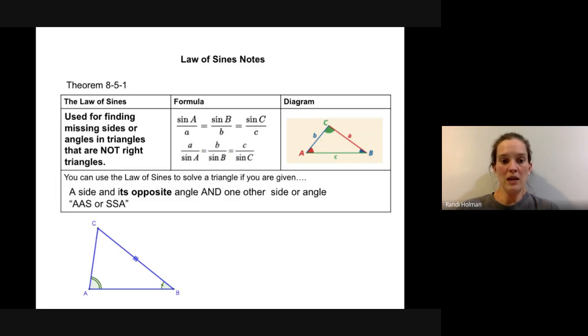Here we know angle A and the side opposite angle A, and then another angle, or side. Here we know side AC and side AB, and then angle B. That angle B is opposite one of the sides we know, and then we know one other piece of information. So let's look at actually utilizing this to find some sides and angles.